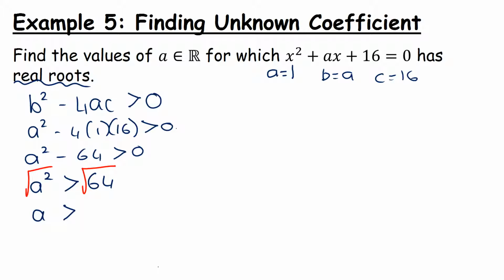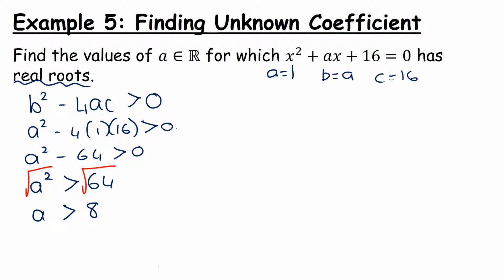Square root of 64 then is 8. But we also need to remember here that when we do the square root of 64, we're asking what number multiplied by itself gives us 64, and plus 8 is really not the only answer. So the square root of 64 could also be minus 8.